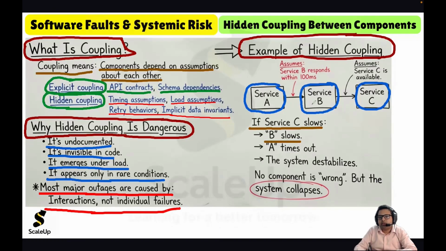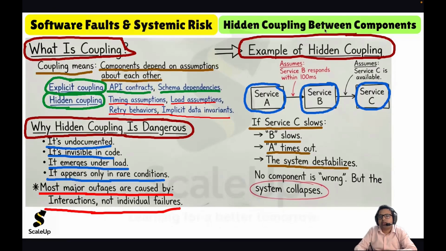And since B slows down, the timing assumption of 100 milliseconds will go wrong. So service A will keep on retrying. Instead of sending one request, it will send three requests, for example, because service B slowed down. So service A times out and keeps on retrying. Multiple requests it will send, and the system will destabilize, the synchronization problem.